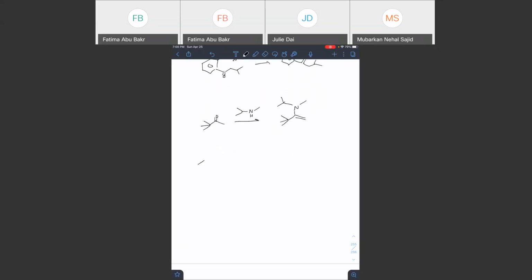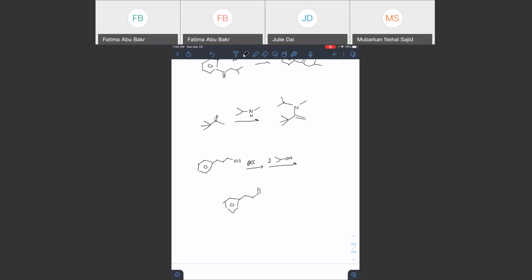Okay, next. Primary OH reacts with PCC and then reacts with 2 moles of an alcohol. So I think I know where this is going, the 2 moles of alcohol. PCC all it does is turn that into an aldehyde, right?